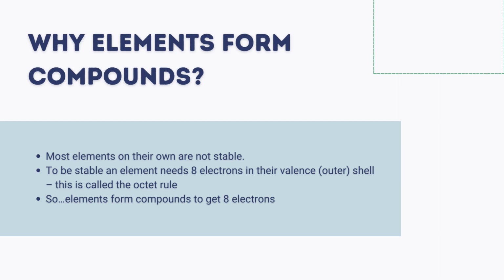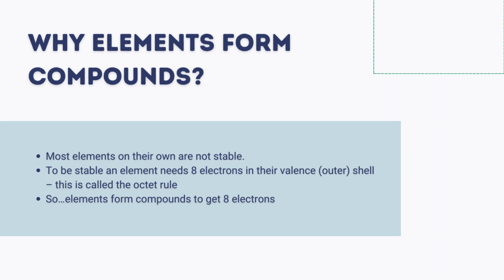So, why do elements form compounds? Well, atoms of most elements are inherently unstable when they exist in their pure, uncombined form. In order to achieve greater stability, these atoms need to acquire 8 electrons in their outermost shell, which is commonly referred to as the octet rule.